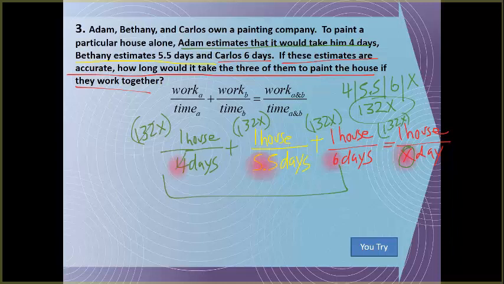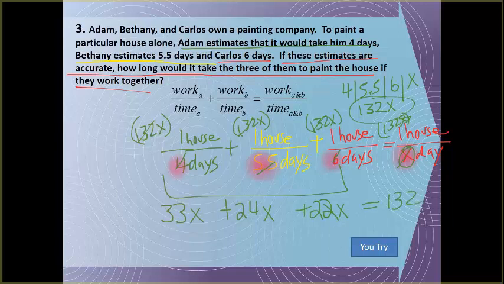So canceling these out, I've got 33x plus 5.5 into this goes 24 times, so we got 24x plus 6 goes into this 22 times, 22 x's, and then we have that equals, x's cancel out, so you're left with 132.